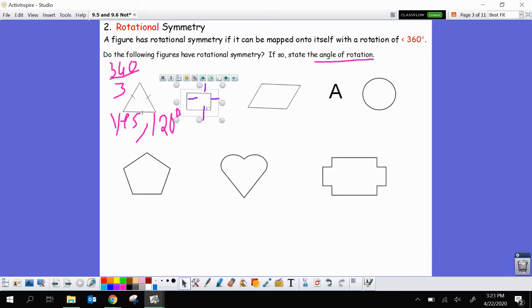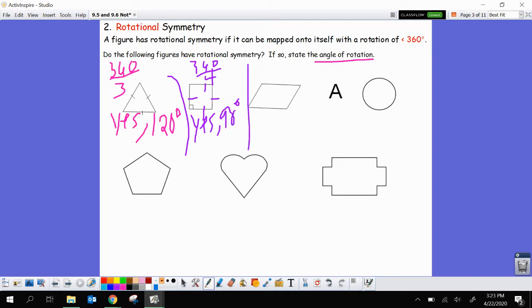I'm pretty sure I just changed the size of it. You get the gist here. If I were to turn it 2, 3, 4 times, every time I turn it, it would look exactly like it does right now. And so, yes, this does have rotational symmetry. And here I would do 360 divided by 4, and that would get me 90 degrees for my angle of rotation.